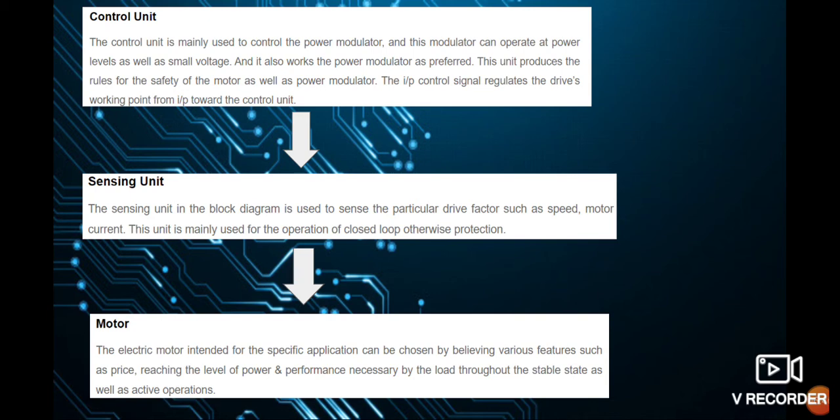So the motor can be chosen on the basis of the specifications required for running the load, and it will also depend on the rated voltage and rated currents, and on the performance of the motor, how it will work in the steady state.